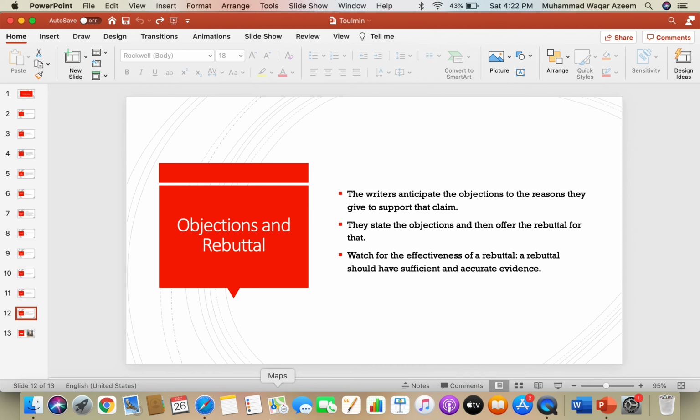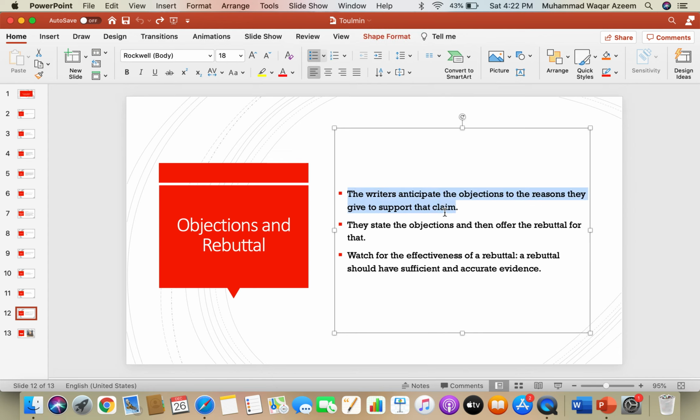So the writers give answers to those questions which will be raised by the readers when they read their article in the future. So the writers anticipate the objections to the reasons they give to support their claim. They state the objections and then offer the rebuttal. Rebuttal is a kind of counter response.